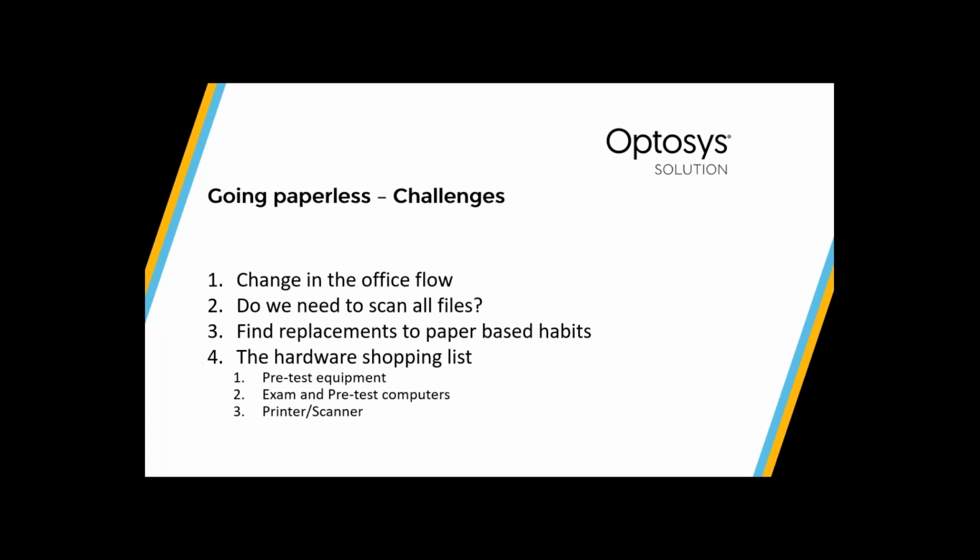The whole point is that when you do an autorefraction, tonometry, or visual field, all the values and the visual field PDF go directly into the exam. In order to do that, we need a special cable depending on the equipment. So that needs to be purchased.